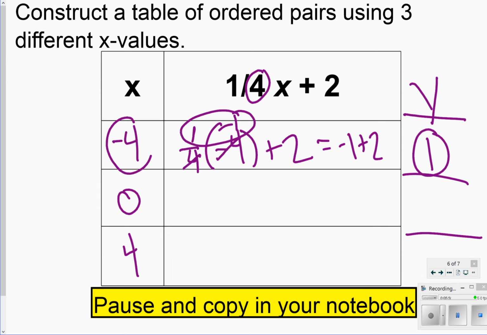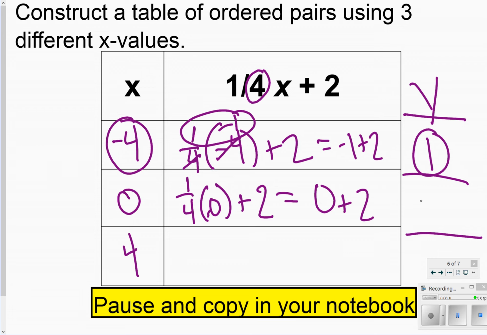So our input is -4, our output is 1. For the next one, it's 1/4 times 0 plus 2. So 1/4 times 0 will end up being 0. And nothing's happening to 2, so it stays the same. So 0 plus 2, the y value is going to be 2.